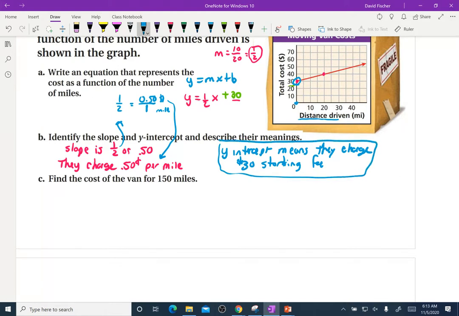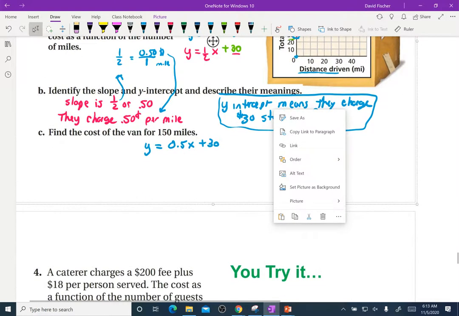All right, so now that we have our equation, which was up there, y equals 0.5x plus 30, we can now plug this number in of 150 because 150 is not on my graph. It only goes up to about 30, 40, 50. It goes only to 50 miles. We want to go 150 miles.